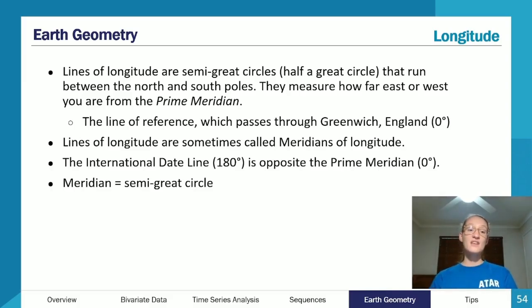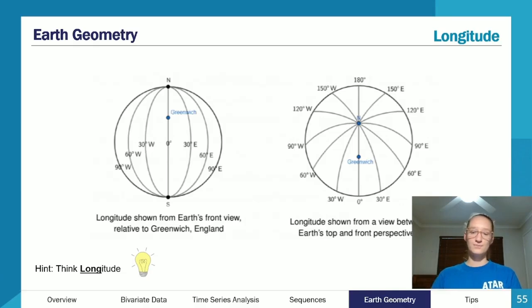And the international date line is 180 degrees, so it's opposite the prime meridian. The prime meridian is our 0 degrees longitude, and the international date line is our 180 degrees longitude. And they're sometimes called meridians of longitude because it's referring to that semi-great circle. You can see here, this is a front-on view of the Earth.